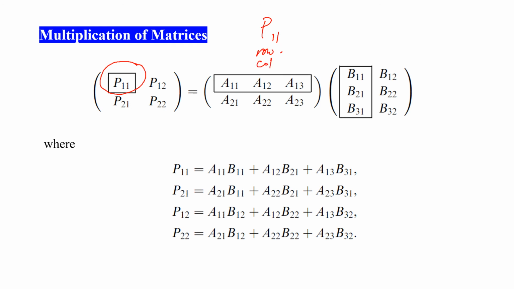So the row is 1, the column is 1. For P11, we take your first row and your first column.